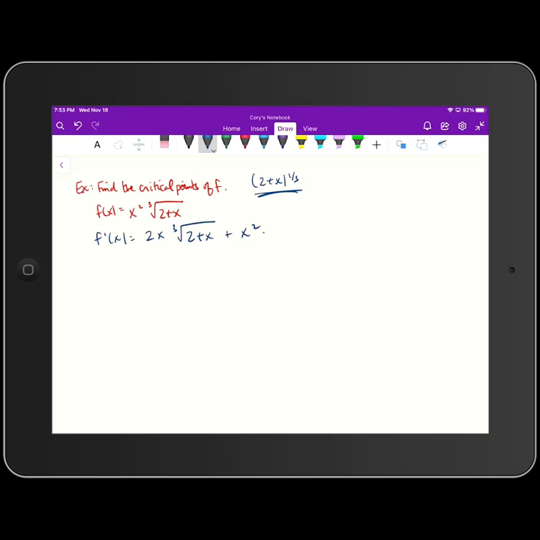For me to take the derivative of the second function here, it's a composite function, so I have to use chain rule. That's the derivative of the outer function, which is 1/3 something to the negative 2/3 power. We evaluate that at the inner function, 2 plus x, and then we multiply that by the derivative of the inner function. The derivative of 2 plus x is just going to be 1. Okay, so again, I want to rewrite this back in the form of a radical.